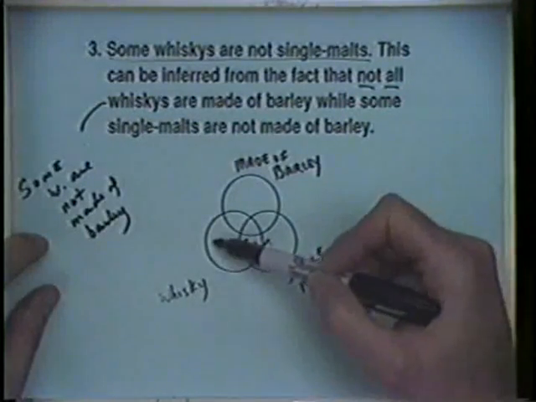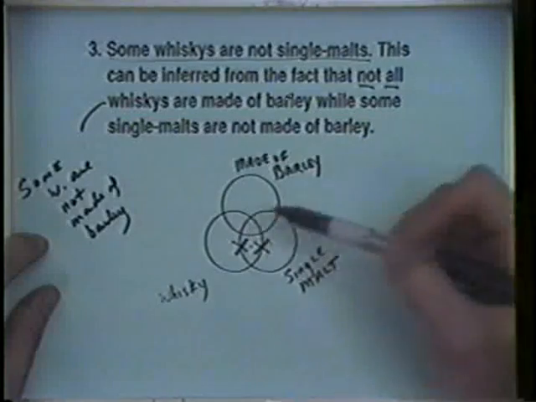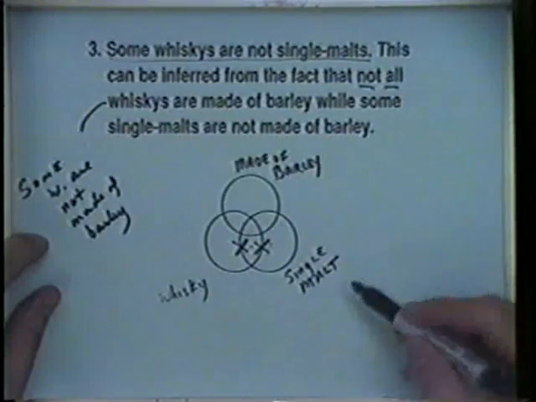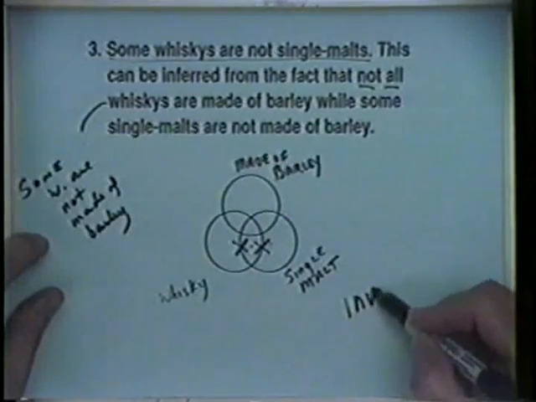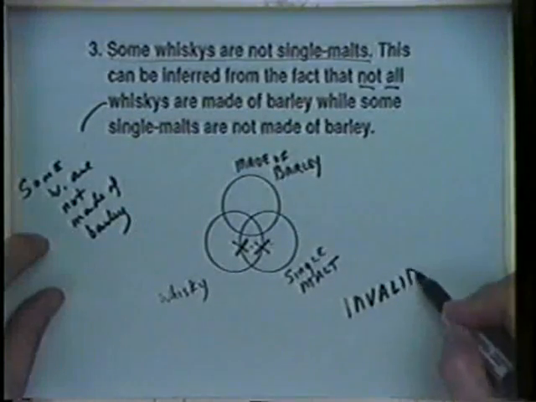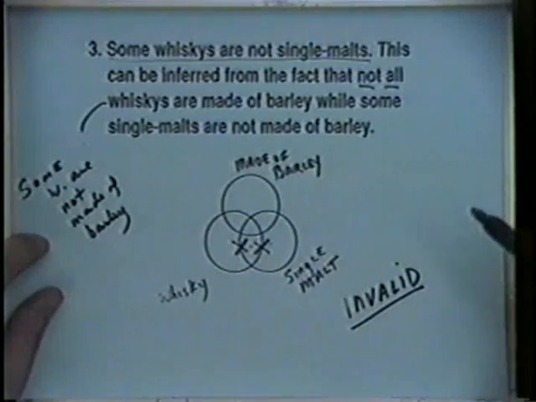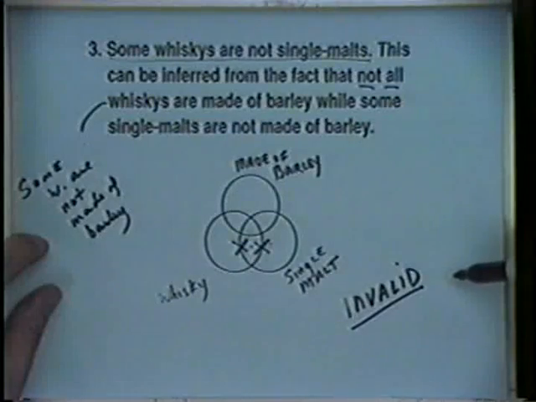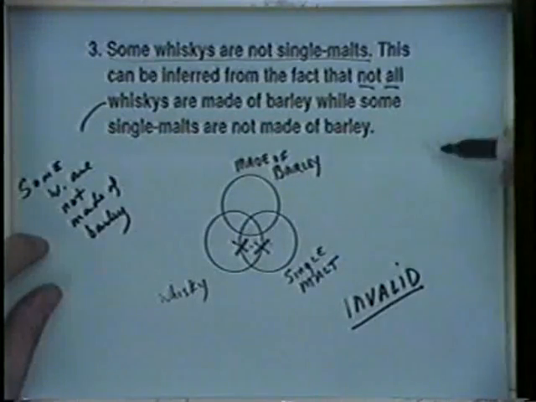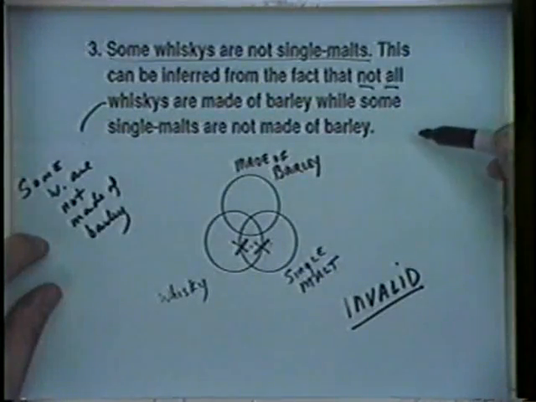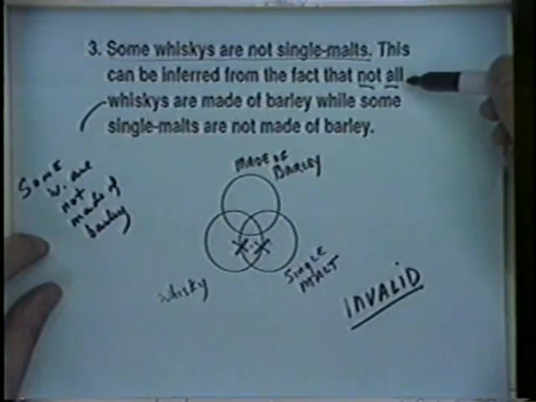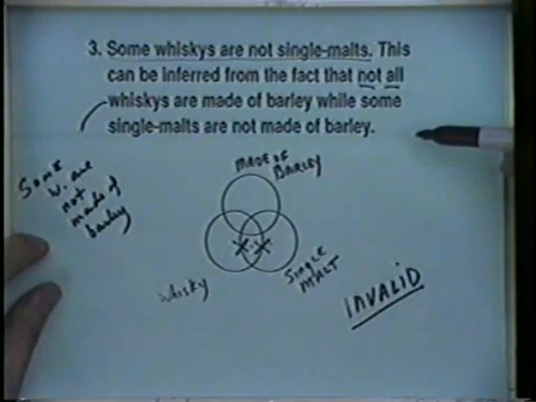In other words, there wouldn't be one here or there wouldn't be one here. Therefore, we'd have to add something more to the diagram in order to have the conclusion diagrammed, and that indicates that this argument is invalid. In fact, the fallacy that this argument commits is the fallacy of exclusive premises. You'll notice that both of the premises here are negative.